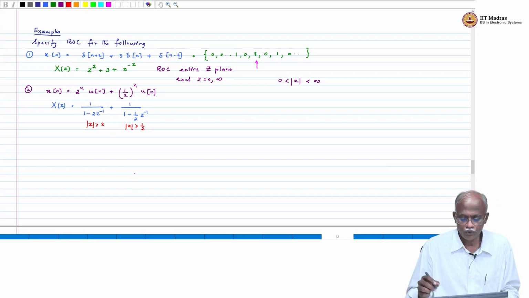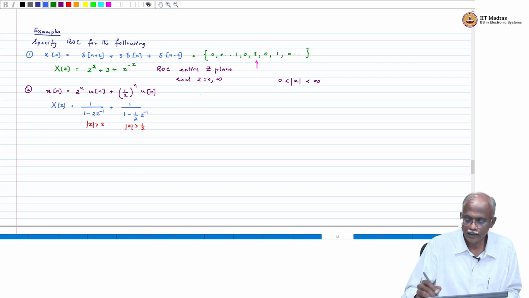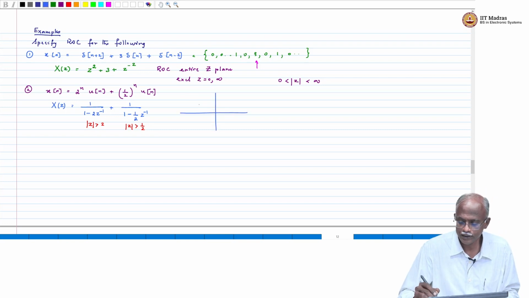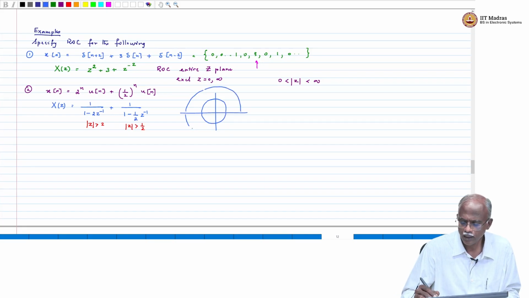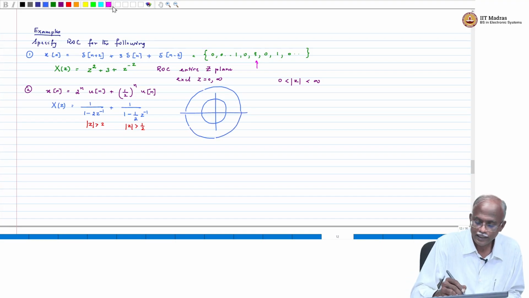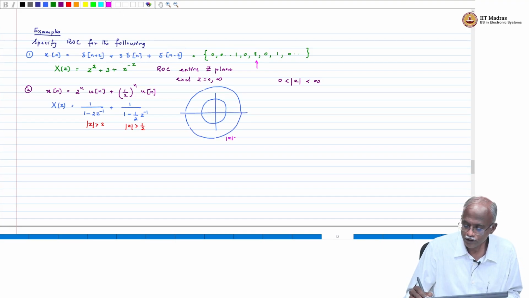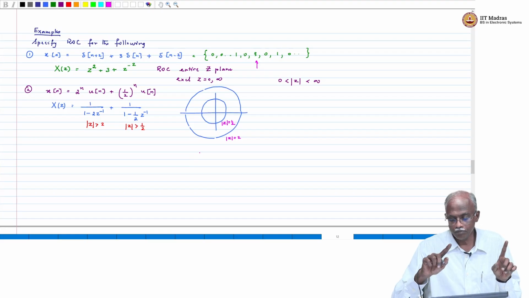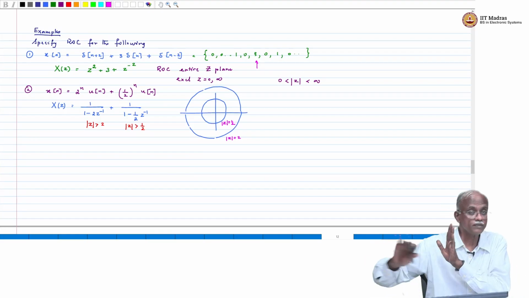Okay, so draw the region of convergence, very important. This is the circle with radius half. This is the circle with radius 1, radius equal to 2. Okay, so let's write it down. This is mod z equal to 2, this is mod z equal to half. And remember, both are right-sided sequences.